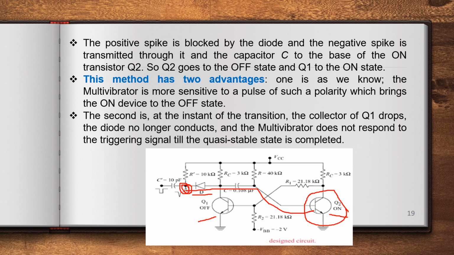The second is that at the instant of the transition, the collector of Q1 drops, the diode no longer conducts, and the multivibrator doesn't respond to the triggering signal till the quasi-stable state is completed. You can call this an advantage or a disadvantage, but during this time it won't respond.